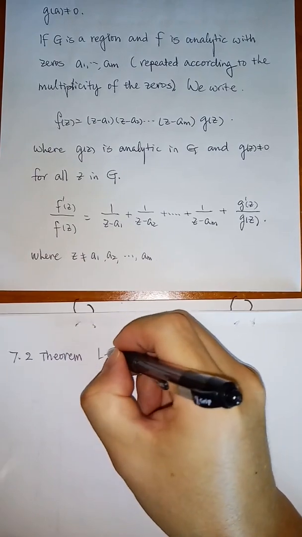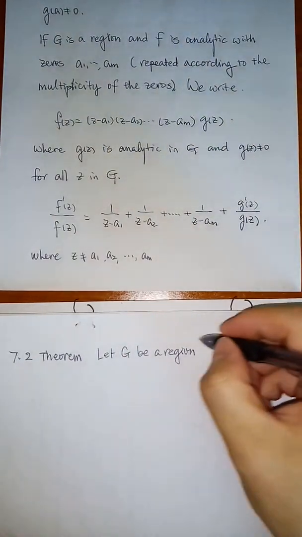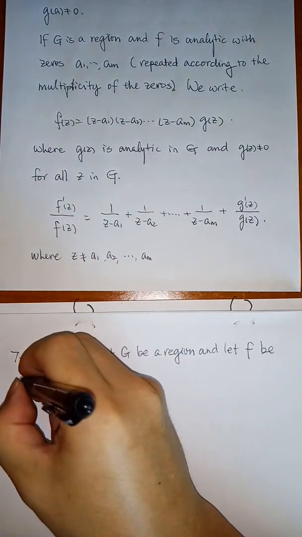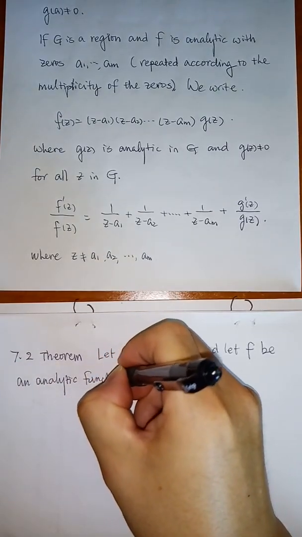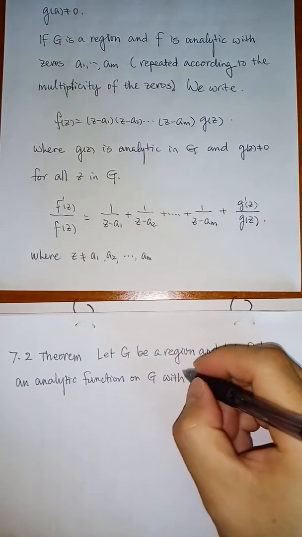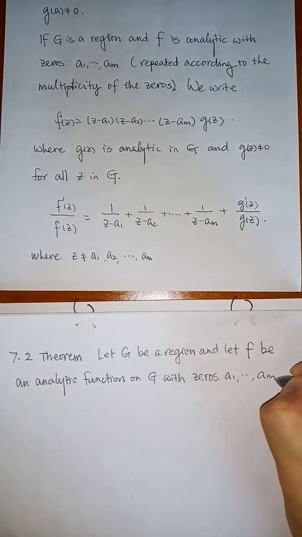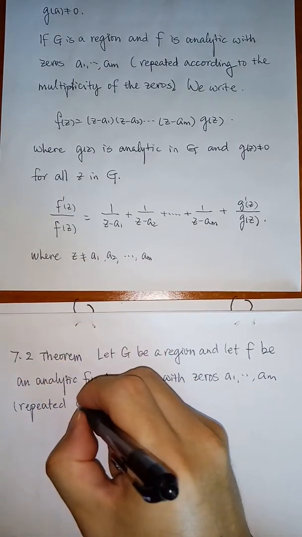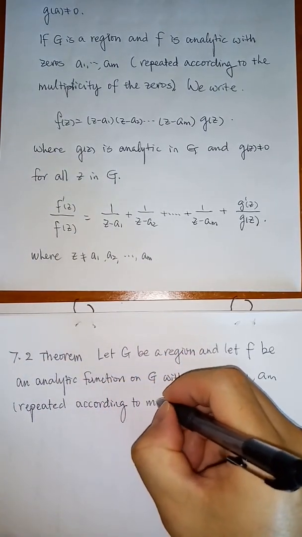Okay, so let G be a region, and let f be an analytic function on G with zeros a1 up to am, repeated according to multiplicity.